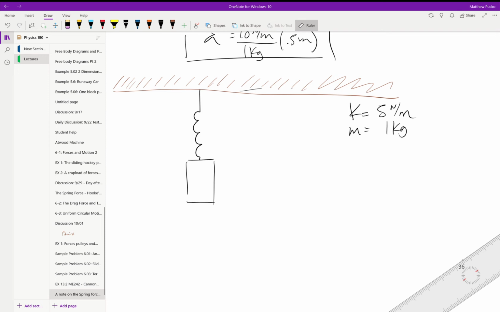And let's say this is in static equilibrium, meaning it's not moving, right? Its acceleration is 0. How much is the spring stretched?